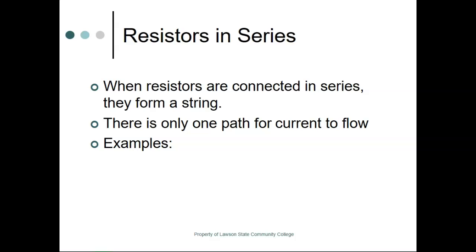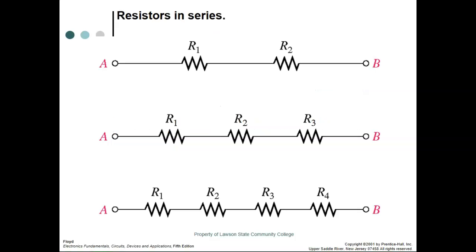Everything's just one after the other in one big row. If one goes out, the whole string goes down. So these are in series. How do I know they're in series? We go from point A to point B in one single line.